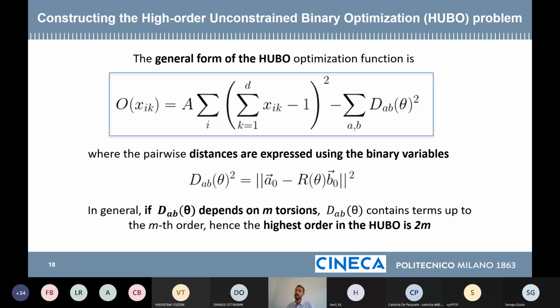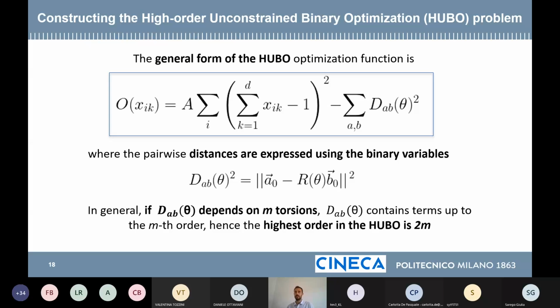So terms like x1, x2, x1 times x2 times x3 times x4. So m of the m order. So that's why it's not a QUBO. So you don't have only quadratic terms at most. The highest order in a HUBO is 2 to the m. So 2 because here we have the square. M is the total number of rotatable bonds that you have.